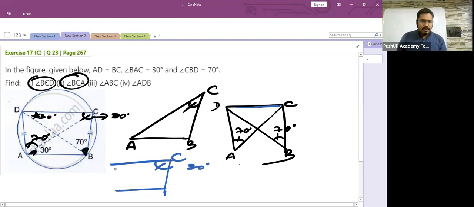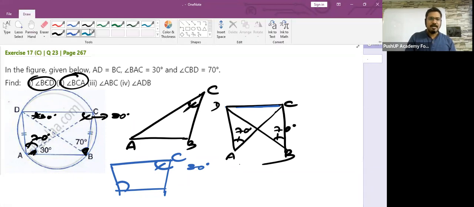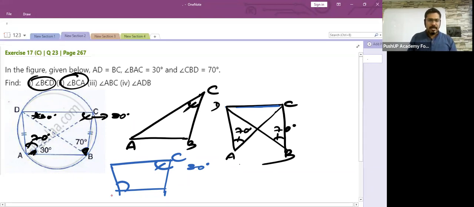Now, you know that this whole angle is equal to how much? 100, because it is 70 plus 30, right? It is 70 plus 30, which is equal to 100 degrees. Children, they are asking us to find only this angle. Is there any other way? 30.